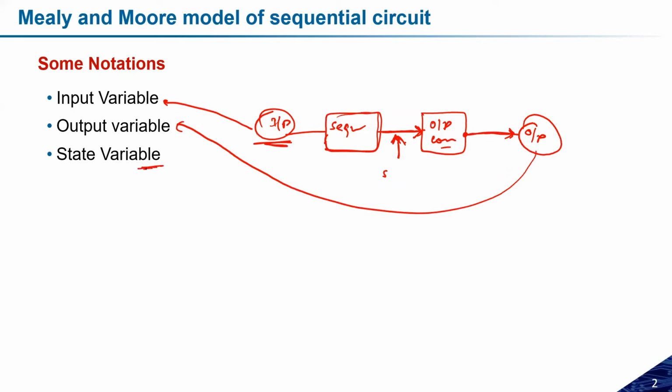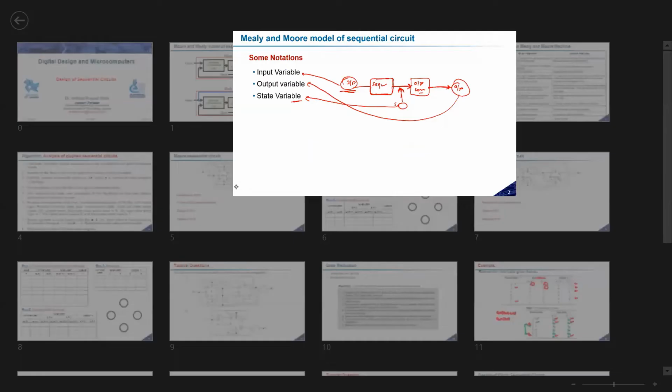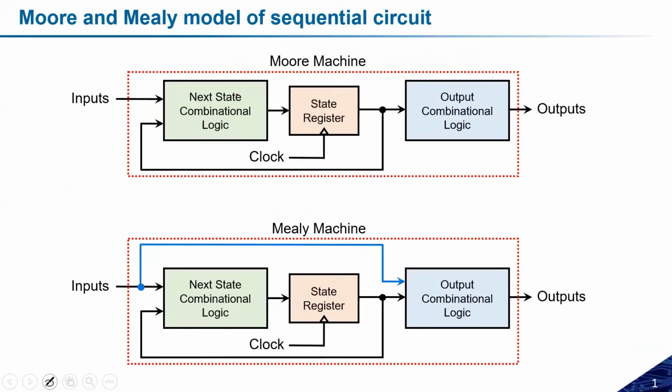The state variables are the outputs of the memory, that is, the outputs of whatever sequential logic circuit we have considered. Let me go back to the previous slide. This particular point is the output of the memory, so we call this variable a state variable.